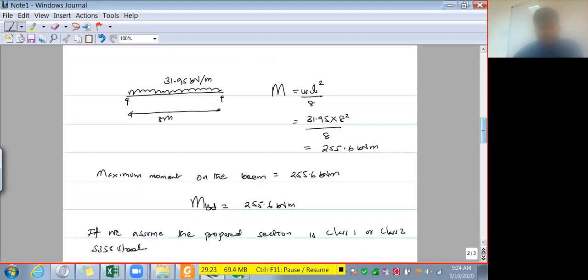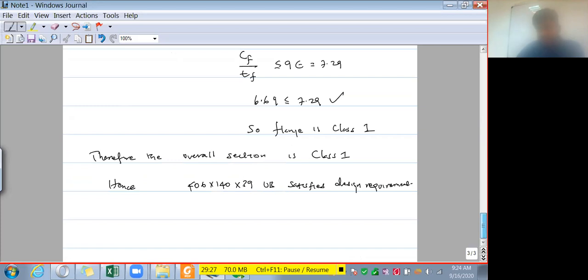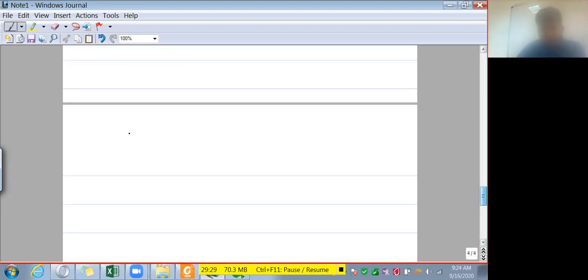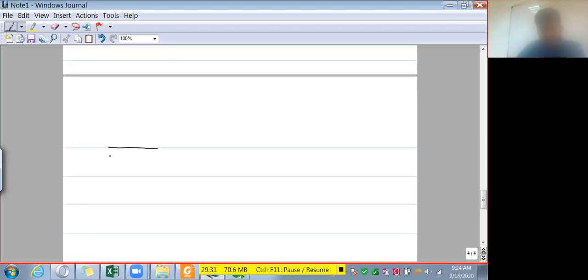Now this beam is applied with 31.95 kilonewton per meter. Then your shear force diagram is going to be like this.